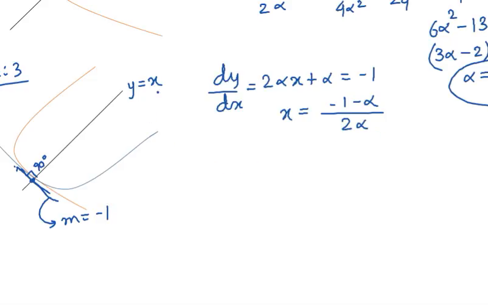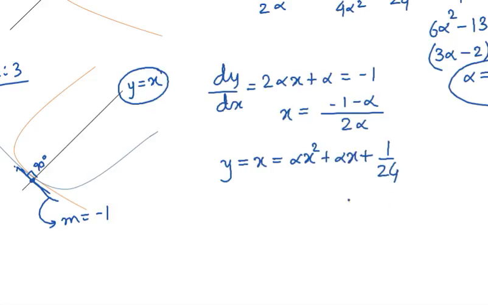So again, on solving y equal to x and the parabolic function alpha x squared plus alpha x plus 1 by 24, on solving the two equations in this particular case we'll be getting the point of intersection, and so we can say that the corresponding value of x, (-1 minus alpha) by 2 alpha, will also satisfy this equation.